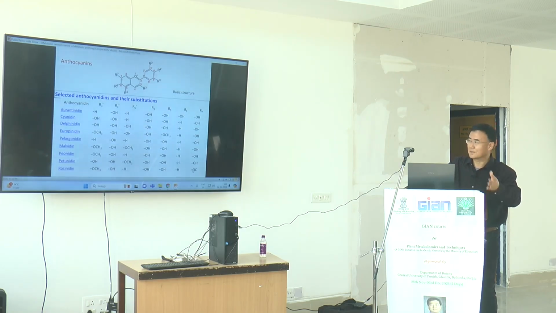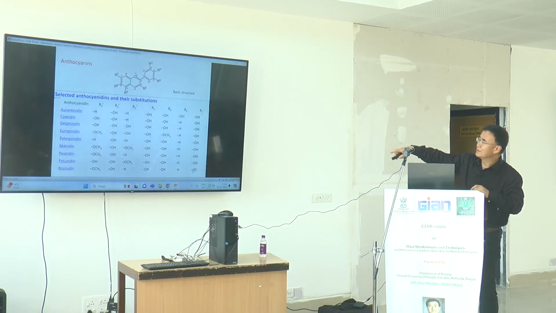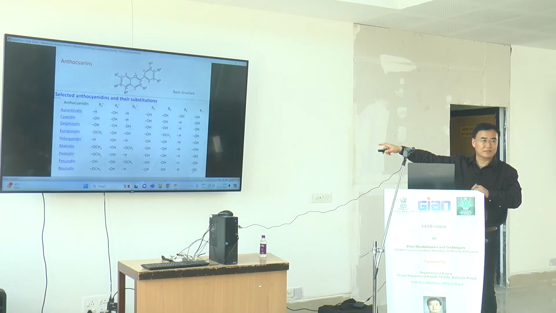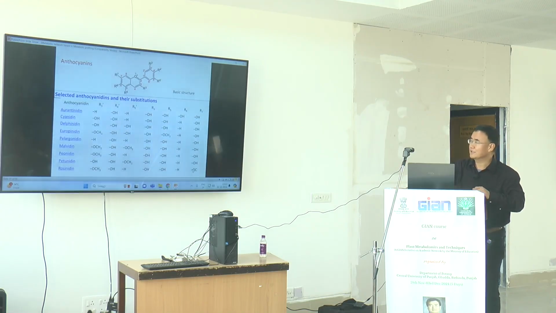However, with methylation or hydroxylation, mainly the hydroxy group number differs: delphinidin has 3 hydroxy groups, cyanidin has 2, and pelargonidin only has 1.